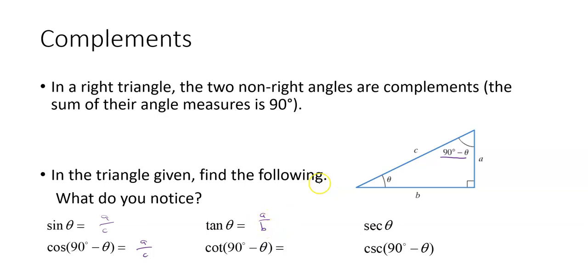The cotan of 90 minus theta, so cotan flips over the tangent. So instead of doing opposite over adjacent, we do adjacent over opposite to get cotan. So adjacent is a, opposite is b. Same thing's going to happen for secant and cosecant. So this is all done in degrees.